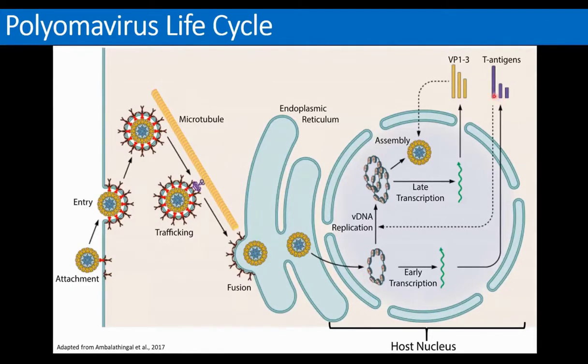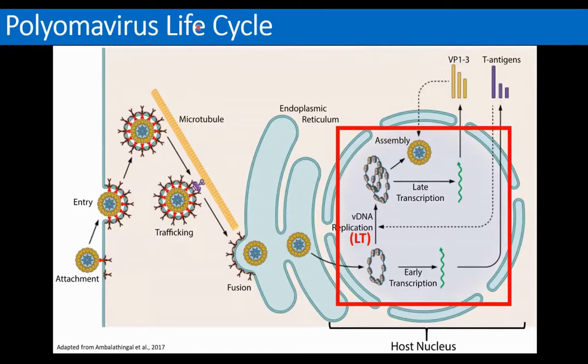One of these T antigen proteins, called large T, or LT, is translocated to the nucleus and directs viral DNA replication. When replication is underway, the structural proteins start being expressed, shown here in gold. They also translocate to the nucleus, where viral assembly takes place. Eventually, the nucleus fills up with virus and the cell lyses, releasing progeny virus to go on and infect other cells. My work specifically focuses on the replication of viral DNA in the nucleus.